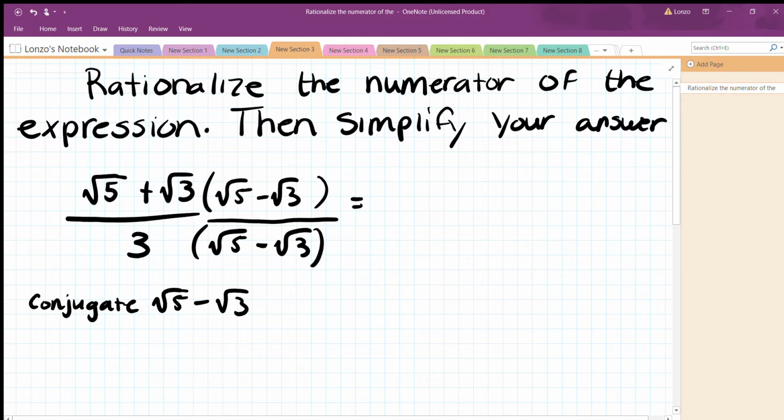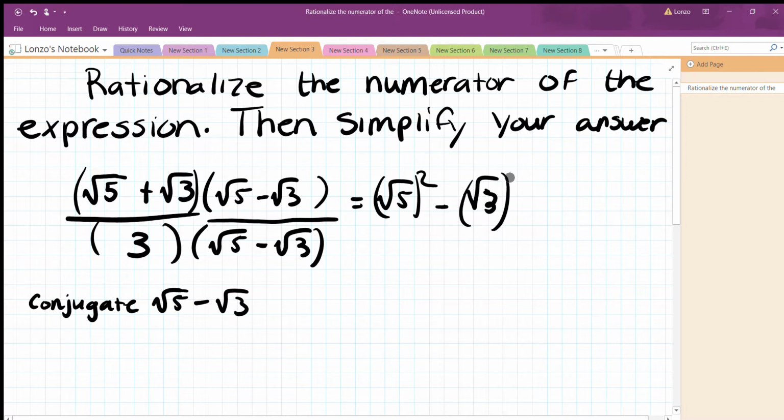Now, what do we know? These two are what's called the perfect squares. So my a is square root of 5, and I have to square that. And my b is square root of 3, and then you have to square that. FOIL this out, 3 times square root of 5 minus 3 square root of 3.